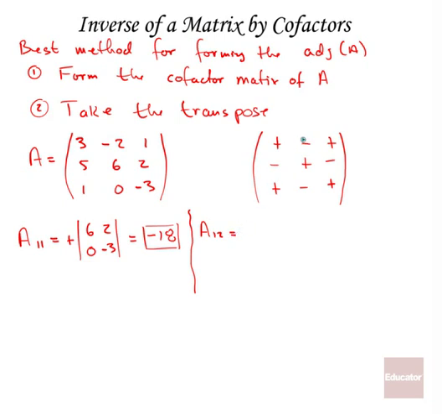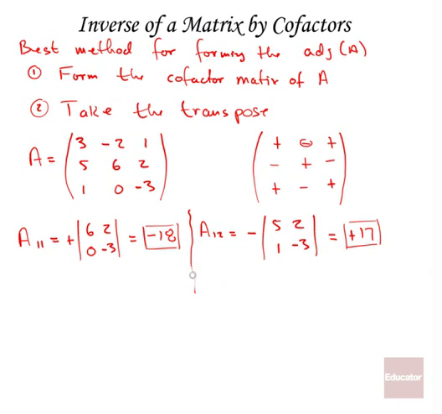If I knock out this row and this column, I get 5, 2, 1, -3 left over. 5 times -3 is -15, minus 2 times 1 is -17. With the minus sign in front, I end up with positive 17. Arithmetic is a real issue here.